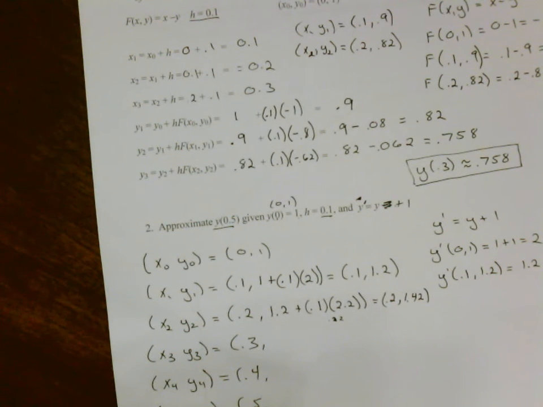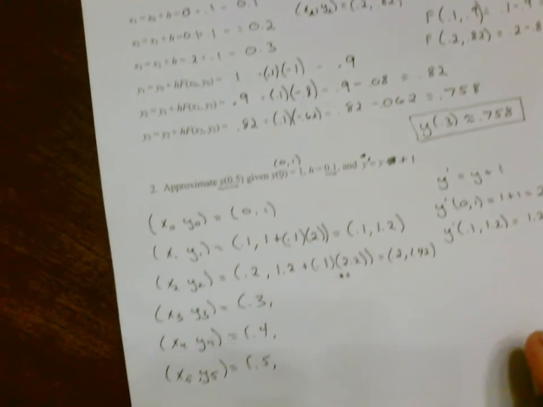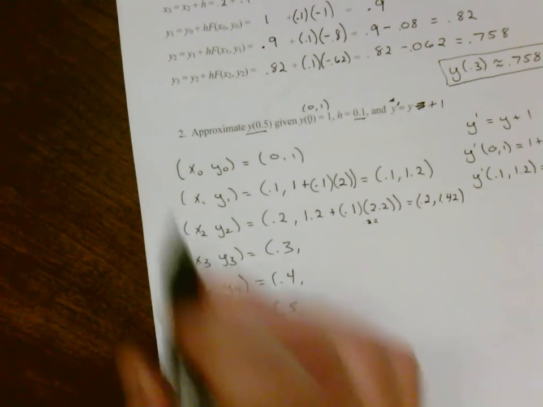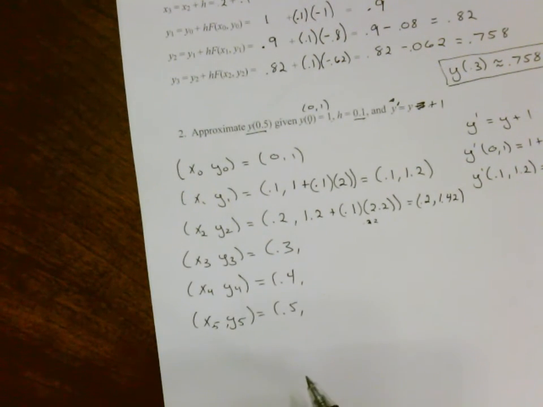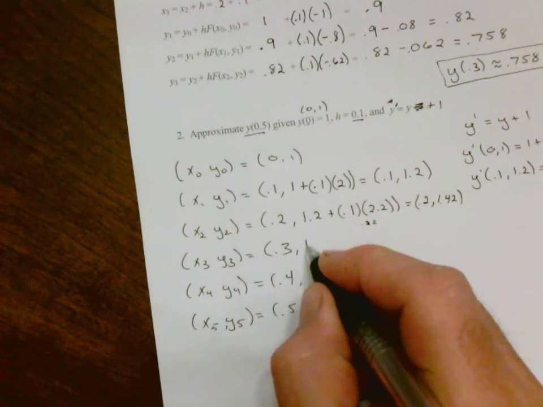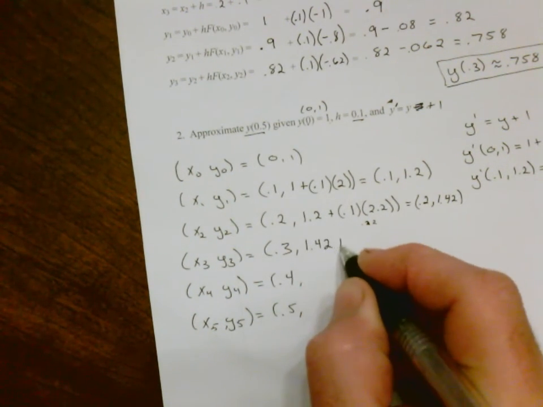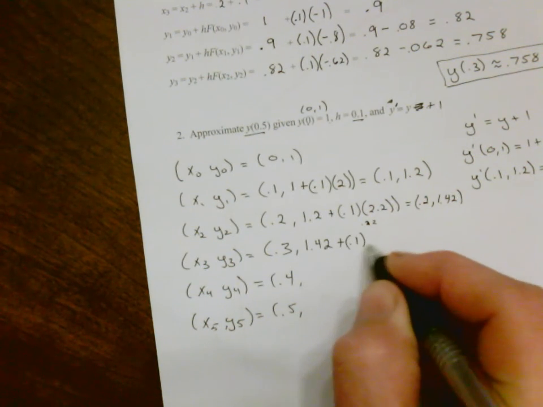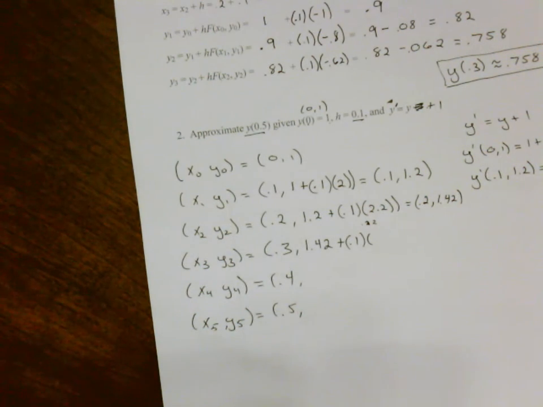Okay? Repeat the process. See, this is why it's laborious. Now, typically it doesn't ask you to do this. You don't have to go through and do all these steps. It usually gives you like 2 to 3 steps at the most, usually 2. Okay, so we're going to go to the prior y location. So we have 1.42 plus you're going to add on this step, and then you're going to multiply it by the derivative of the prior location.